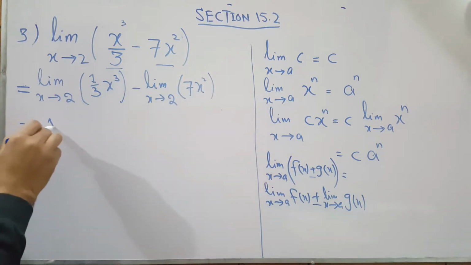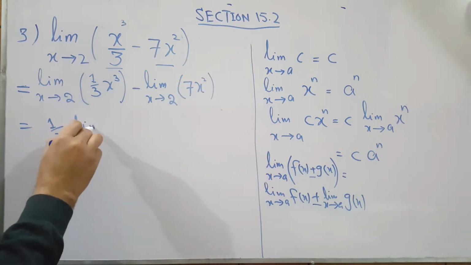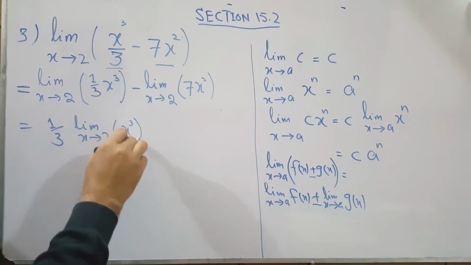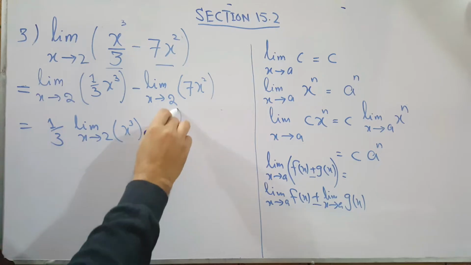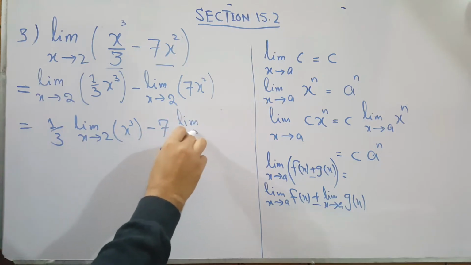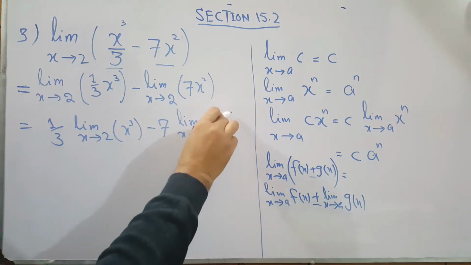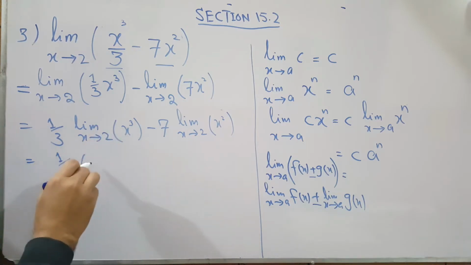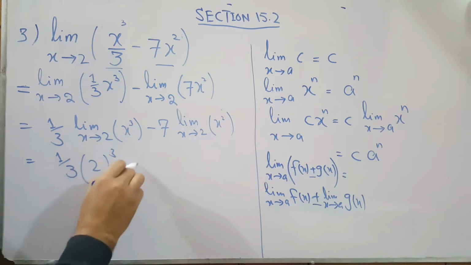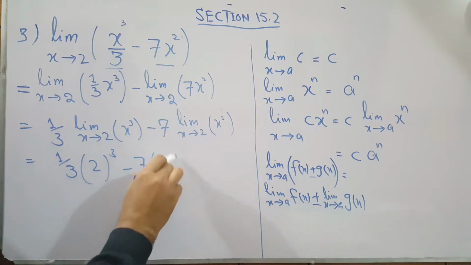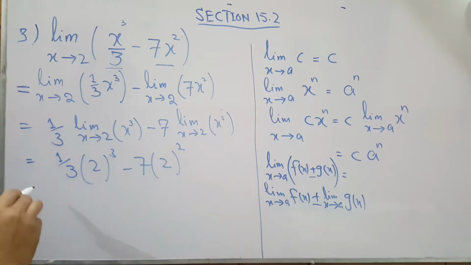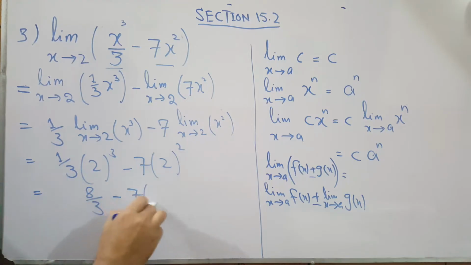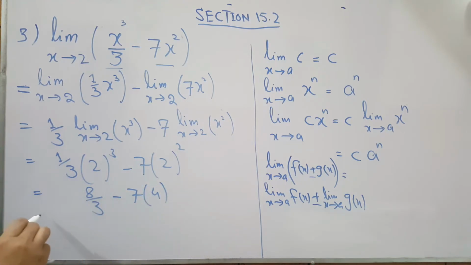Again, 1 over 3 is a constant, so we will take this out of the limit. Here 7 should be out of the limit. Now apply the limit, which means square of 2, that is 8 by 3 minus 7 times 4.